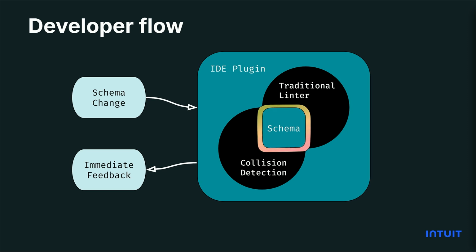Instead of teams waiting for their CI/CD pipeline to fail, because, I don't know, they didn't comply with the guideline, which takes time, we improved this and introduced the IDE plugin. The IDE plugin has two items: the traditional linter that we have seen before, and this collision detection. We have plans to add the AI linter as well, but for now it's only these tools.